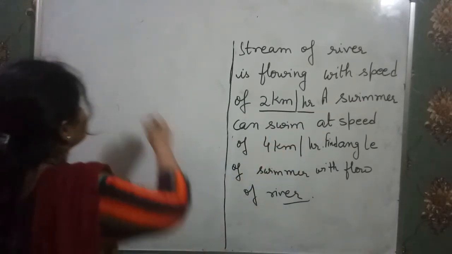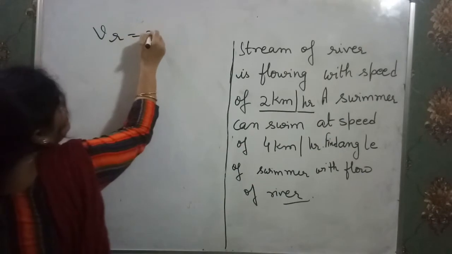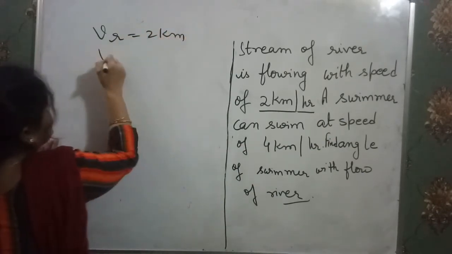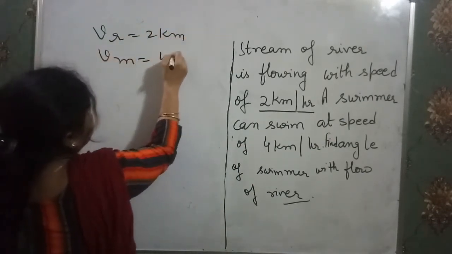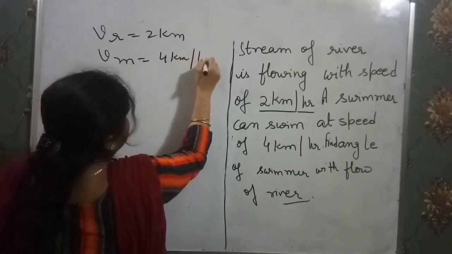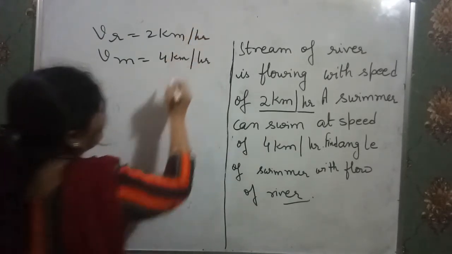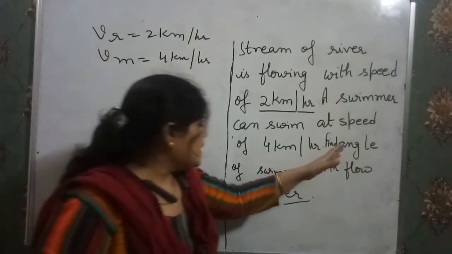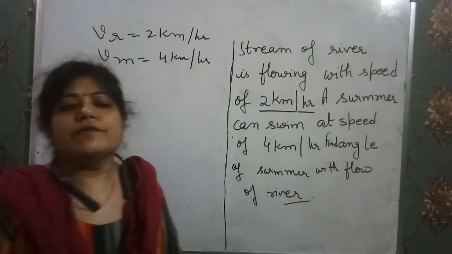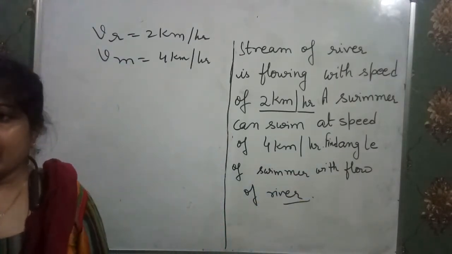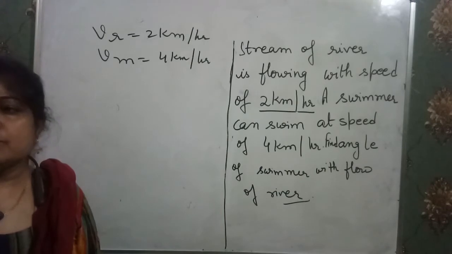Clear? So we have to find the angle of swimmer with the flow of the river, that is, the angle made by the swimmer in order to cross the river.